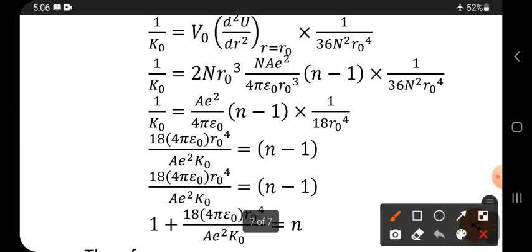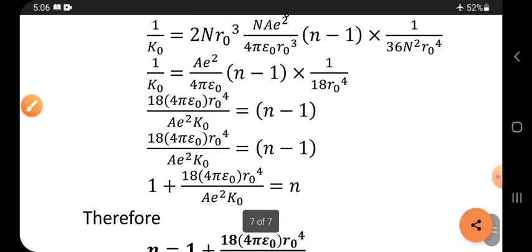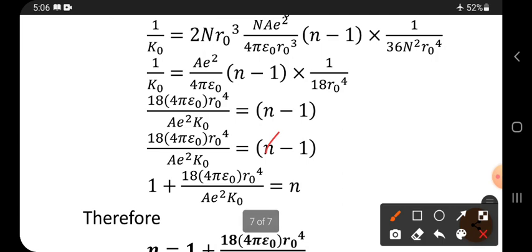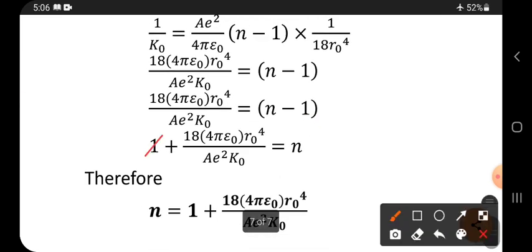Keep this bracket on this side and bring the remaining things to this side. The remaining terms come in the denominator and numerator here, and in the denominator already k naught is down and 4 pi epsilon naught is up. Now keep n on this side only, bring minus 1 to this side, minus 1 becomes plus 1, equal to n.